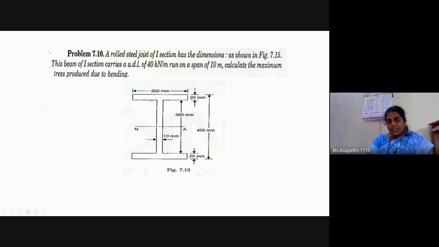Okay, here we can note the cross section: breadth, depth, length.